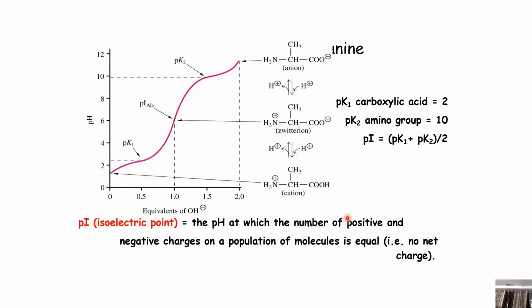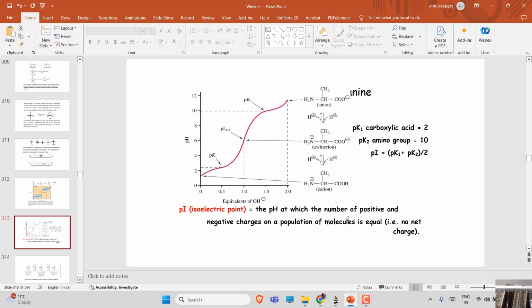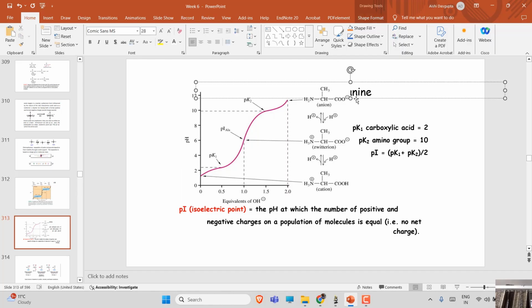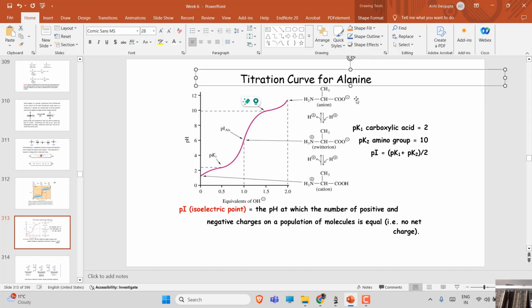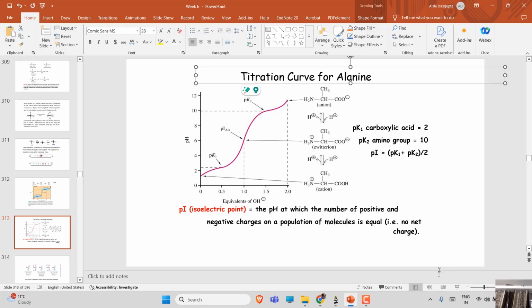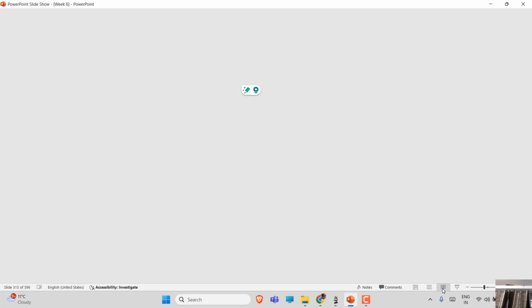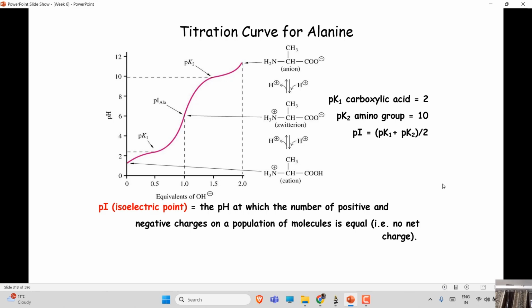So this is the titration curve of, I think, alanine. So if you see, the pKa1 carboxylic acid is 2, the pKa2 amino group is 10, and pI is pKa1 plus pKa2 by 2. So at the isoelectric point, the pH at which the number of positive and negative charges on a population of molecules is equal.